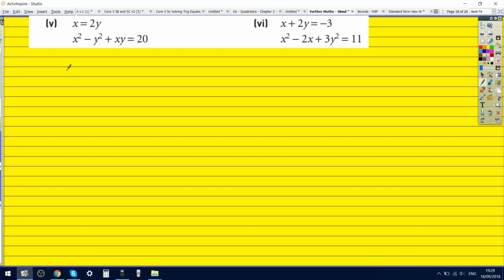Okay, x squared minus y squared plus xy is 20. So x is 2y here.